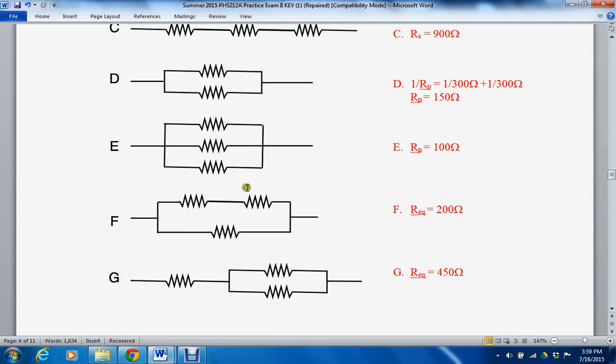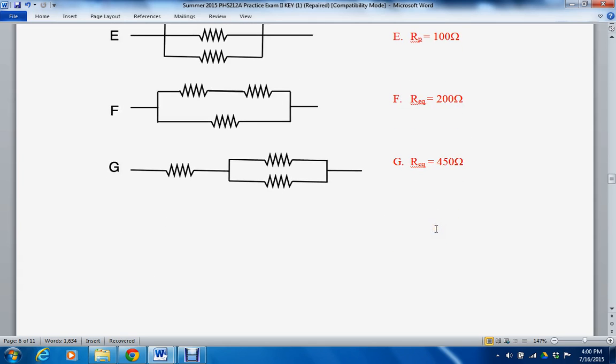Here, my top pathway is two 300 ohm resistors in series, so that's 600 ohms up top, 300 ohms on the bottom, so 1 divided by 600 plus 1 divided by 300. Then I invert that answer. I get 200 ohms of equivalent resistance.